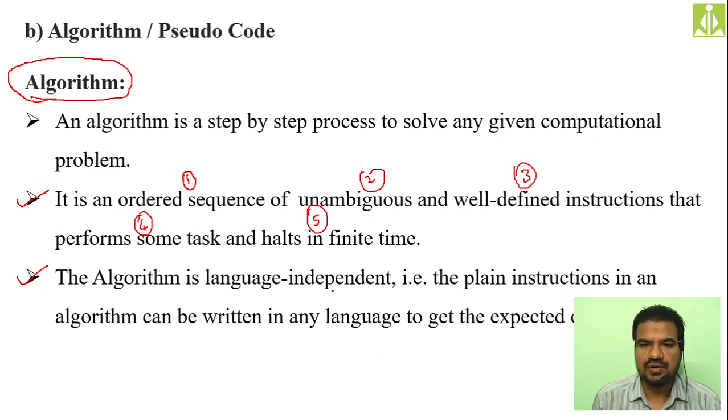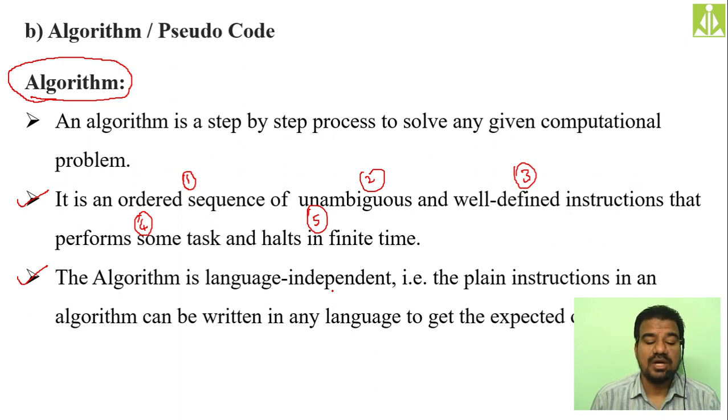Like English, I can use it to write the algorithm, or like Urdu, I can use it for writing the algorithm. The only idea when you are writing the algorithm is that it must be understandable by all the people involved in the development process.